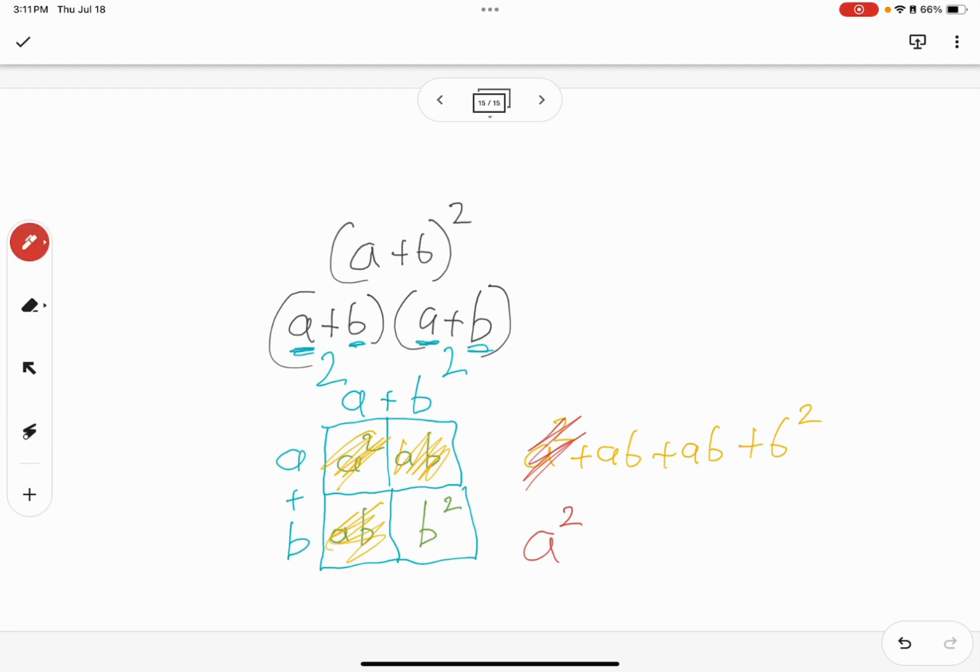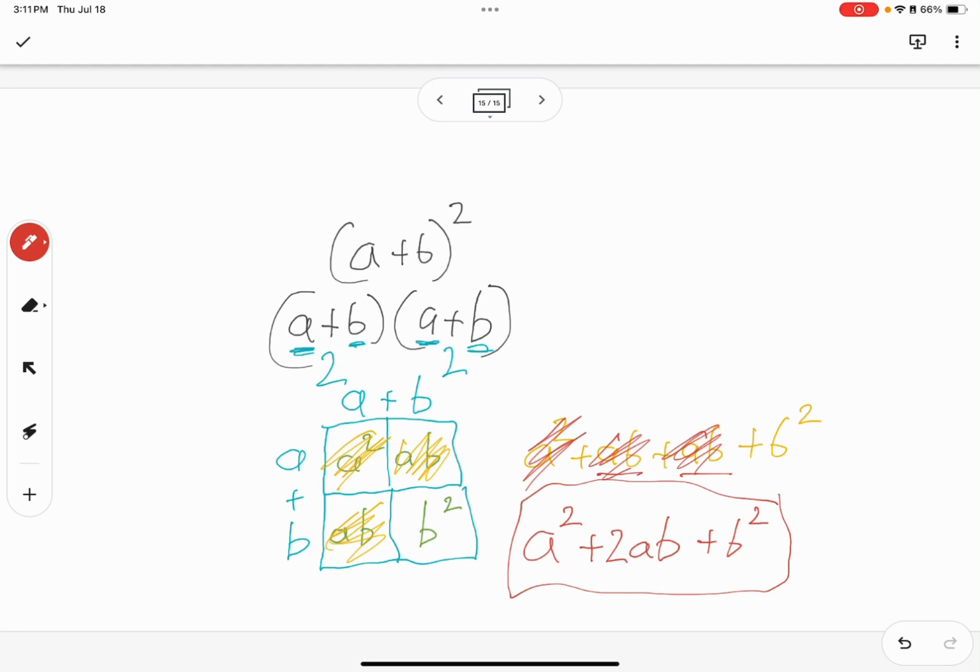So here we've got AB and AB are both like terms. So that's 2AB, and it's a positive, so plus 2AB. And then lastly, I'm left with a positive B squared. So that's the same thing that we figured out before.